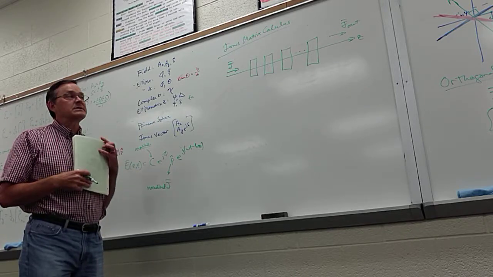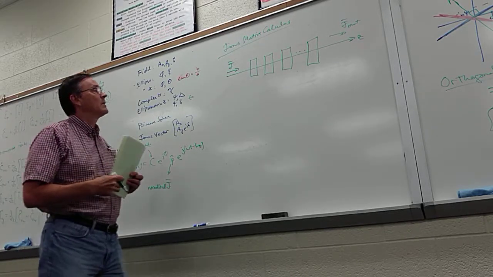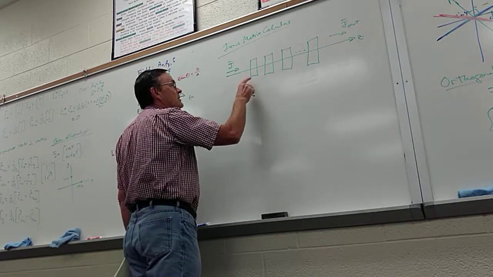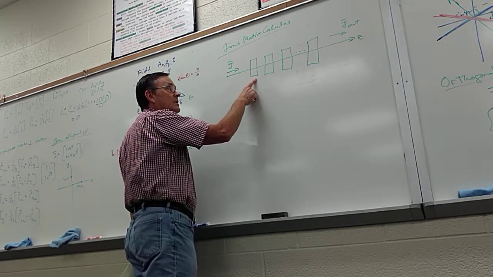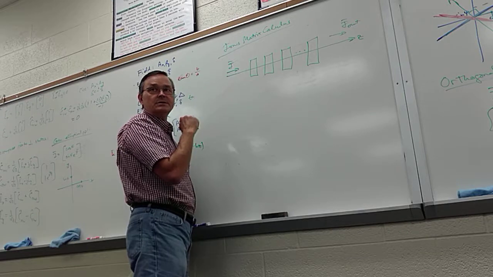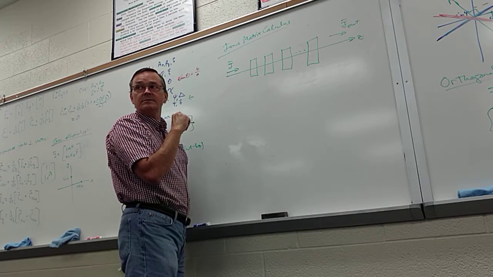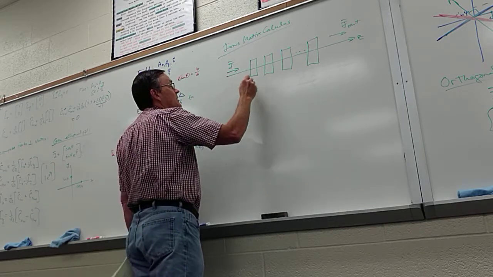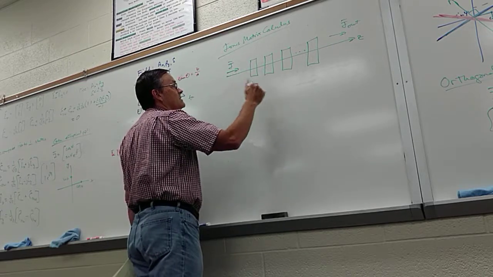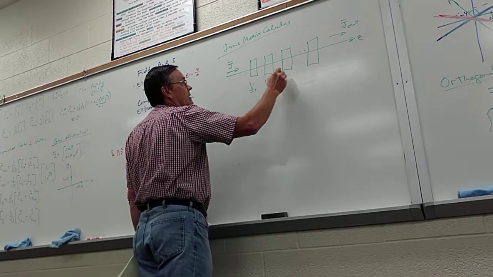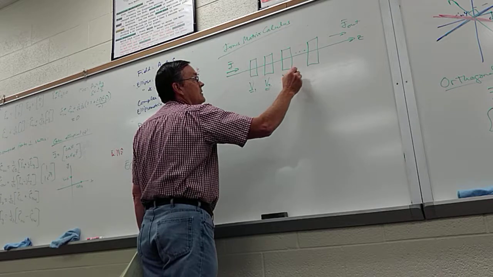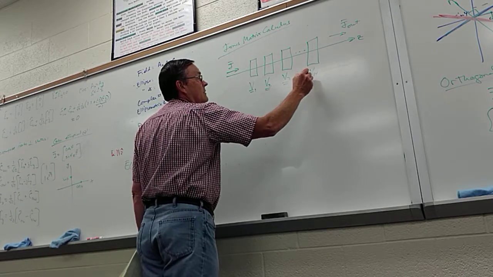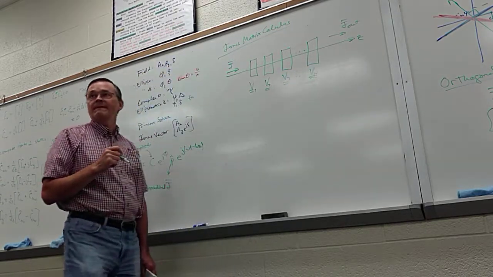Okay, the Jones matrix calculus basically says that I can represent the effect of this element on the incident polarization state with a 2x2 matrix. So let's call that matrix V1 for this element, V2 for that element, V3 for that, and Vn for that.